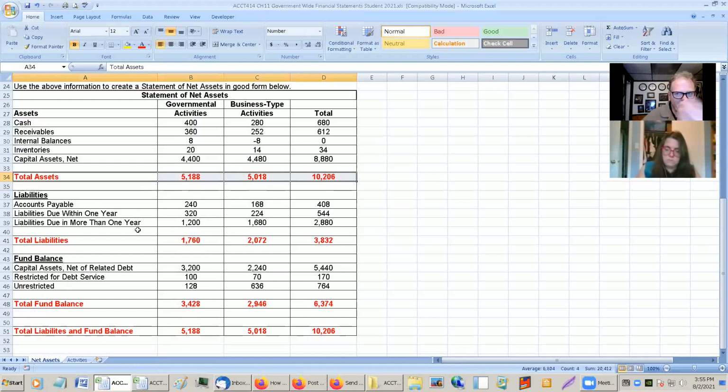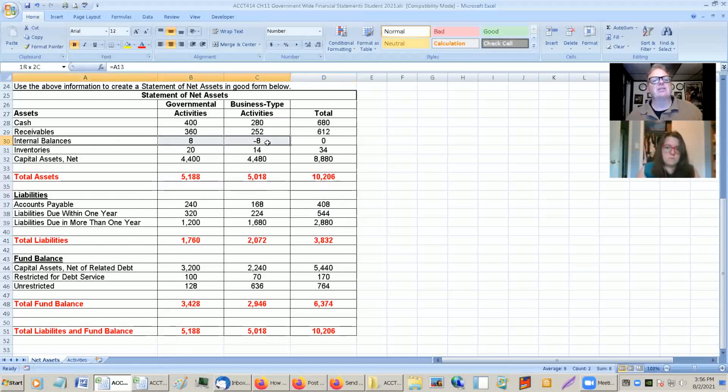You can either borrow the money, or in a regular business the owners kick in, but in this case the government agency, whatever it is, would kick in. And that's how you get the total assets. So it really just explains how you got these assets. You know, they didn't just appear out of nowhere.